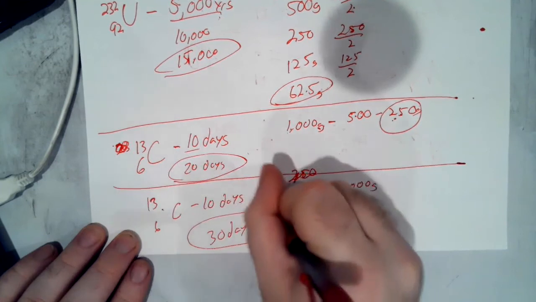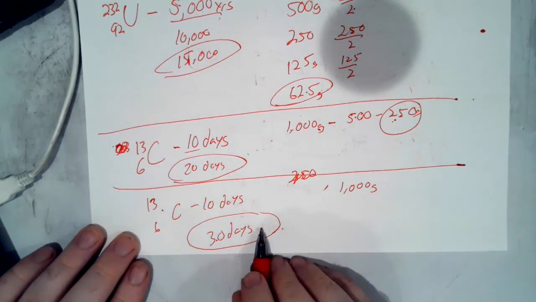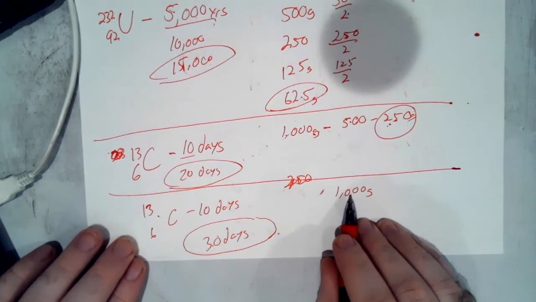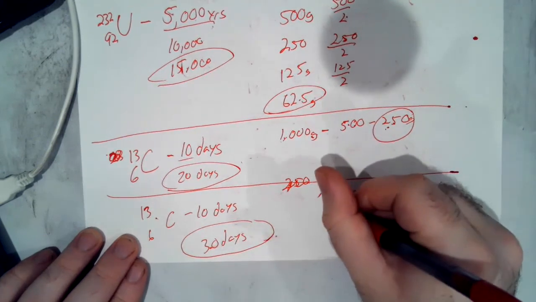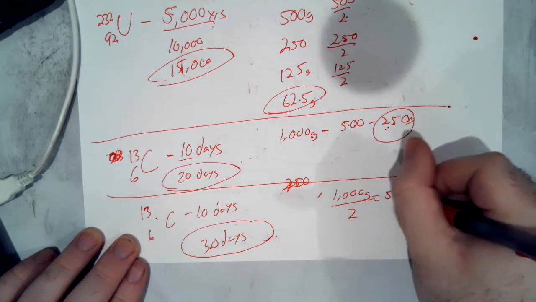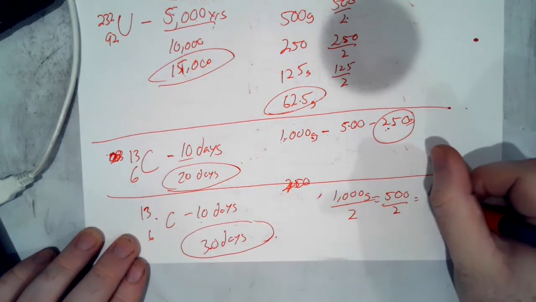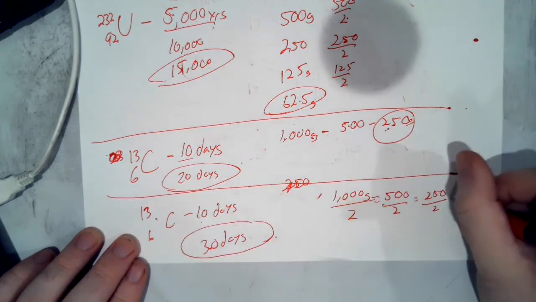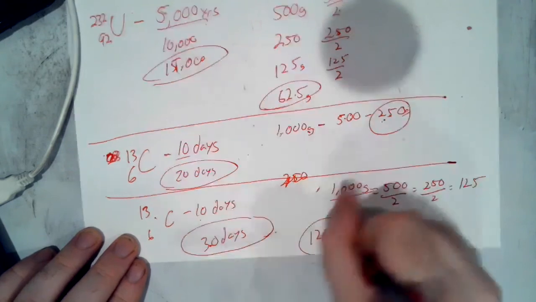Sometimes in questions you're going to be asked, in 30 days, how much of this will be left? Well, every 10 days, you reduce it by half. So 10 days, you get 500. 20 days, 250. 30 days, 125. So your answer would be 125 grams.